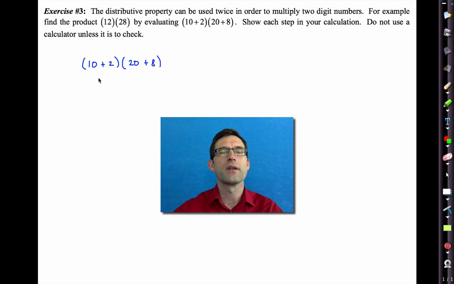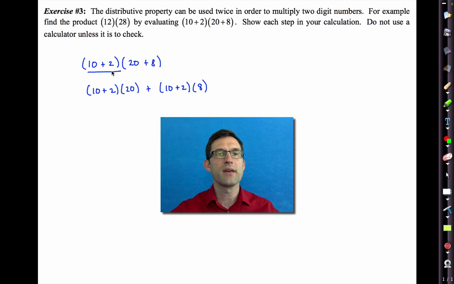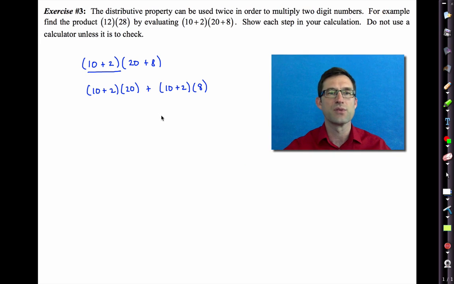Now at first, I'm going to treat this as one whole thing. In other words, I'm going to have 10 plus 2 times 20, and then I'm going to have 10 plus 2 times 8. So I'm multiplying the 20 by 10 plus 2, and I'm multiplying the 8 by 10 plus 2. And yes, I know 10 plus 2 is 12.